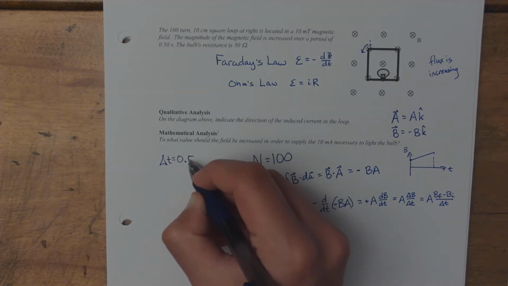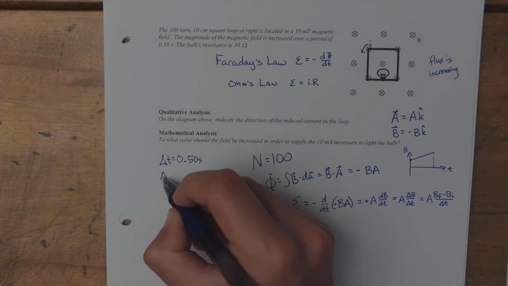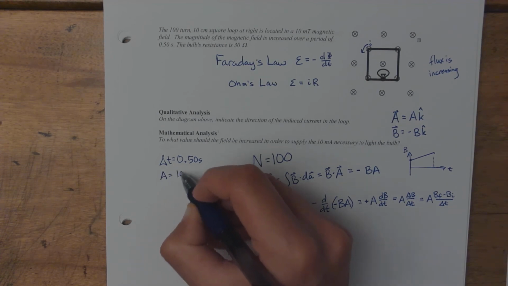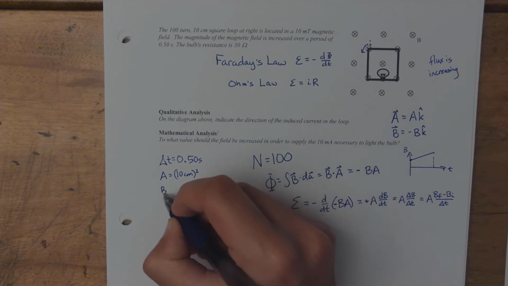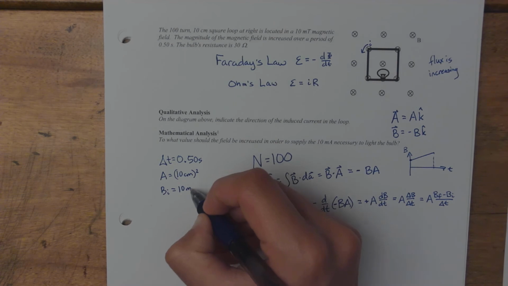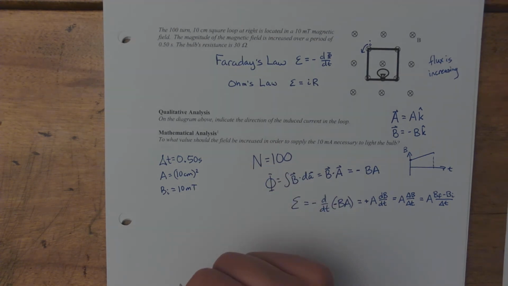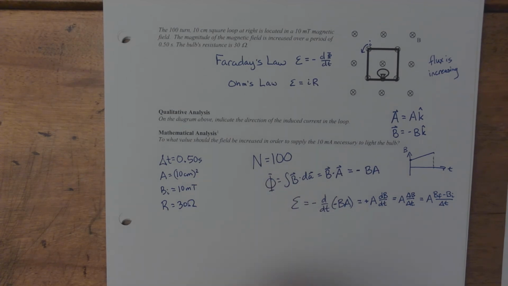So delta t is equal to 0.5 seconds, and the area would be equal to 10 centimeters squared. The initial value for the magnetic field is 10 milliteslas, and the resistance of the bulb is equal to 30 ohms.